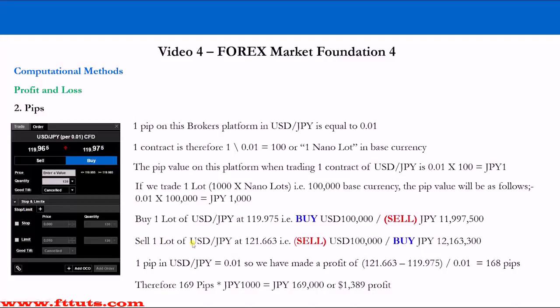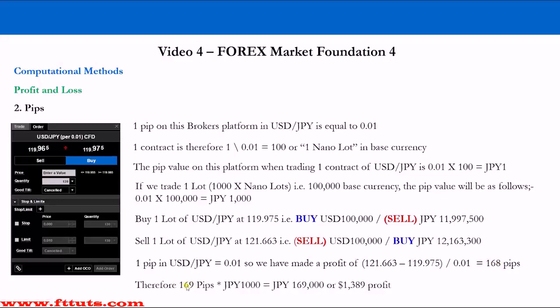So we sell one lot of dollar yen at 121.663. So we sell $100,000 and buy 12,163,300 Japanese yen. So one pip was spot 0.1, which means we've made a profit of the difference divided by spot 0.1, which is equivalent to 168, 169 pips.